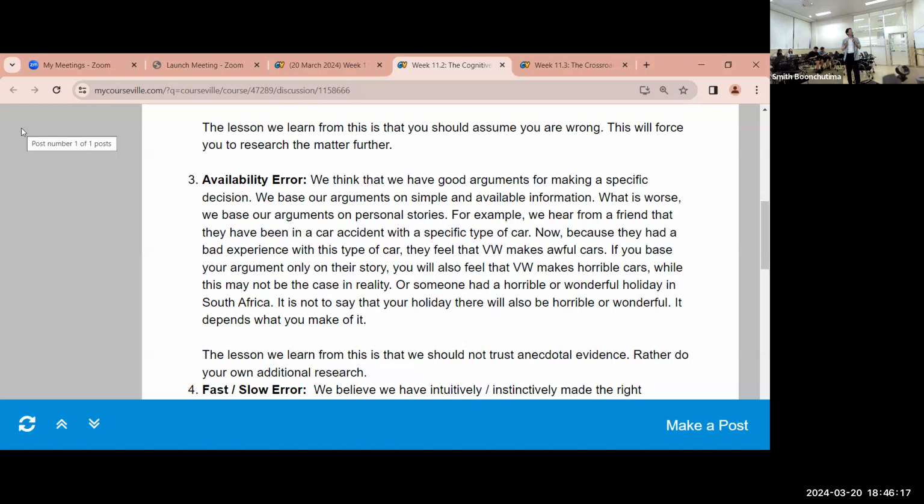Next, the availability error. Okay, so this is another time that you might make a wrong decision because you just don't have enough information and you just make a decision from the available information, the information that is only available.